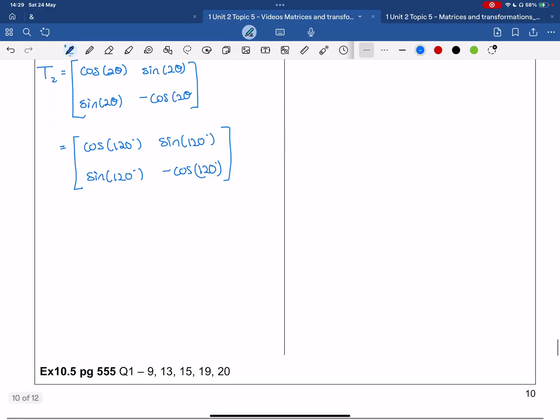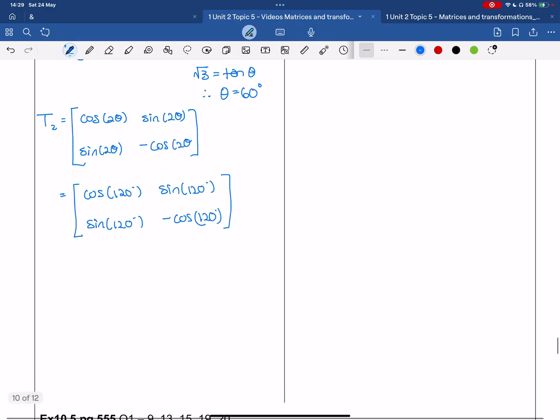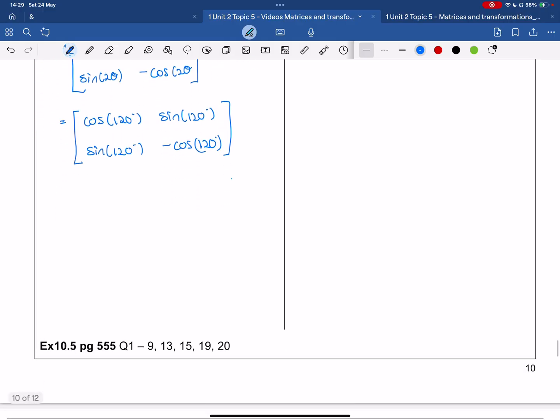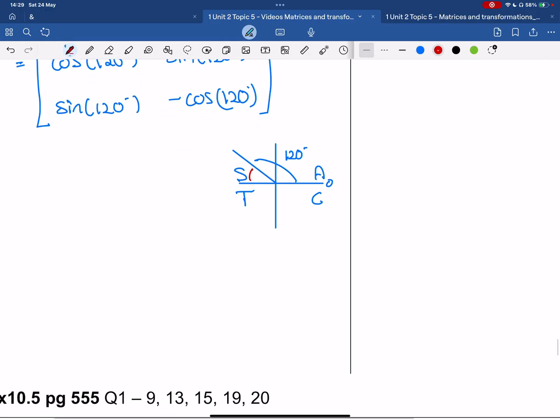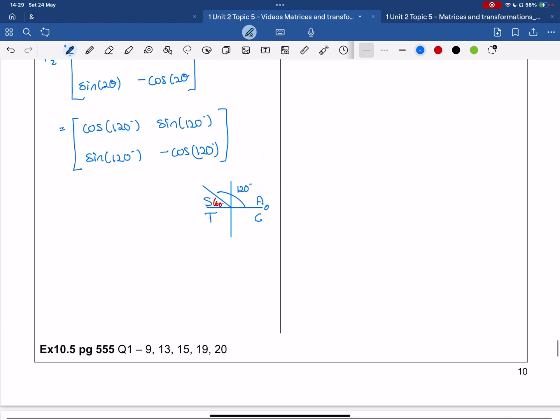Let's quickly look at our CAST diagram to figure out our negatives and positives. If we draw our 4 quadrants, 120 degrees, measured anticlockwise from 0, is in our second quadrant, and my acute angle is 60 degrees in there.